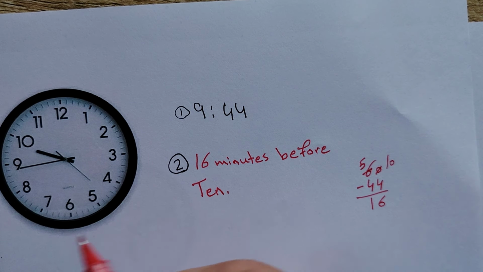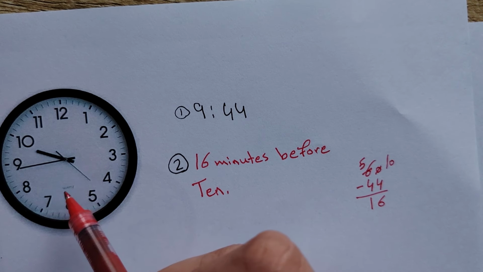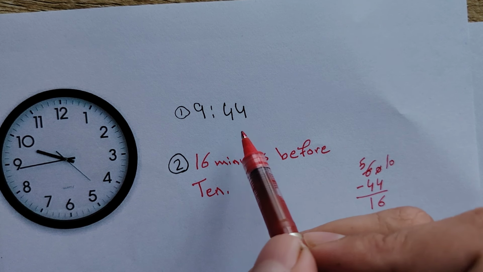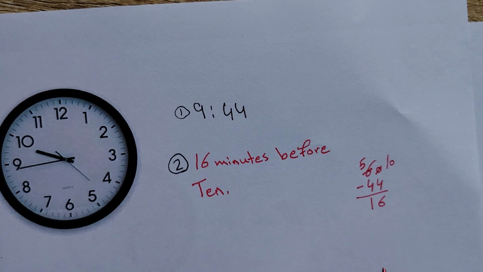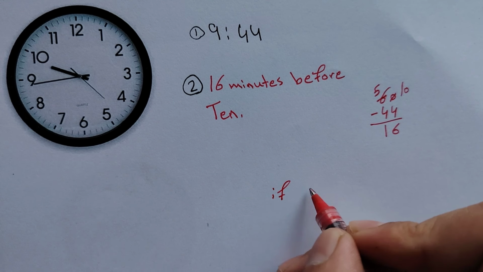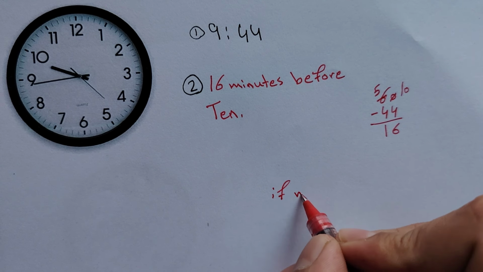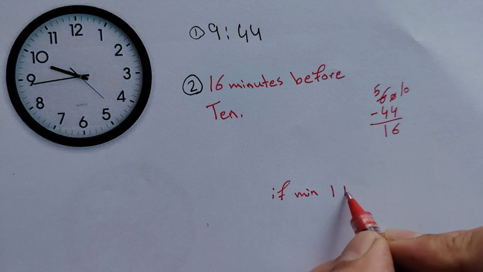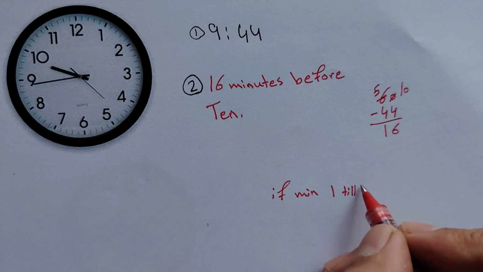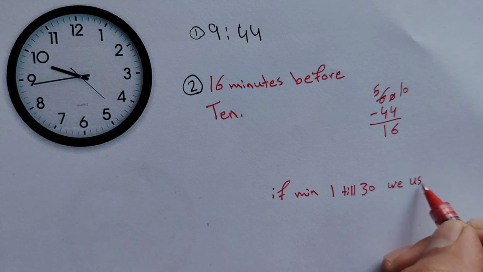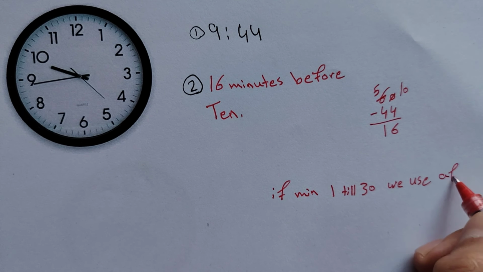Okay. One more thing. If we don't have the analog clock, how do we know whether to use before or after based on the digital clock? We can just directly say that if the minute is from 1 till 30, we use after.